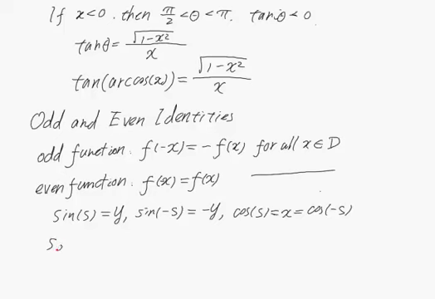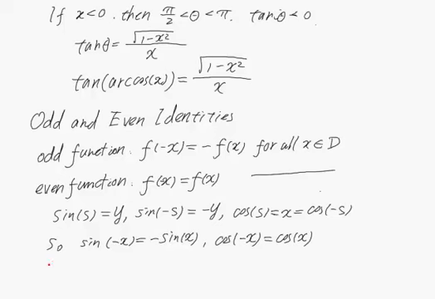First, sine of negative x equals negative sine of x. We just replace s by x. And cosine of negative x equals cosine of x.